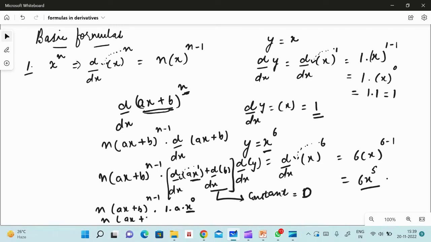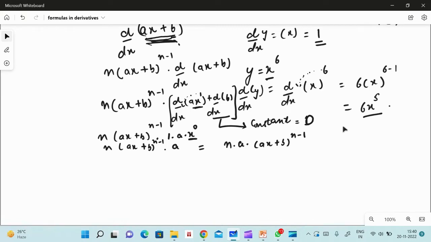So it is n into ax plus b power n minus 1 into a, or I will write it as n into a into ax plus b power n minus 1. Okay, so this is my second case. Clear?